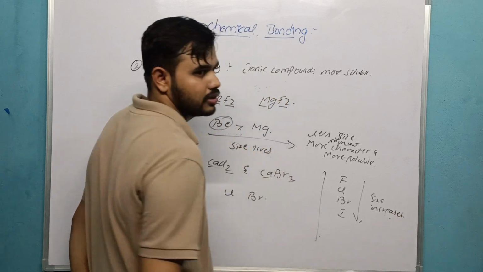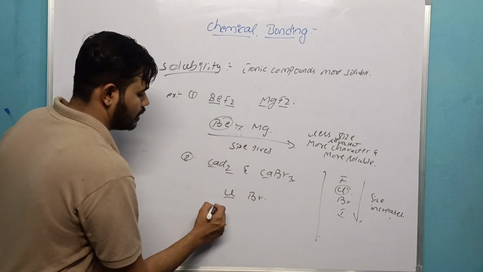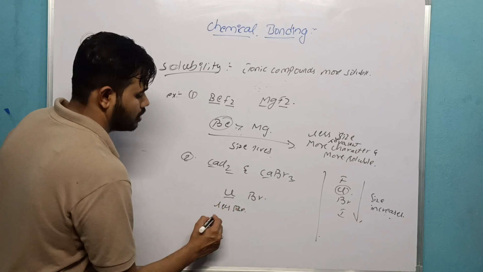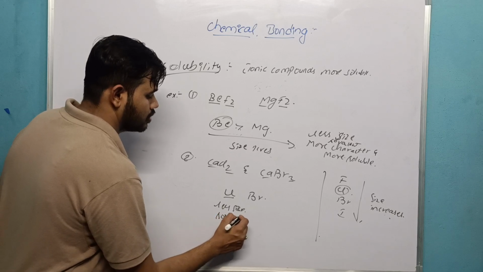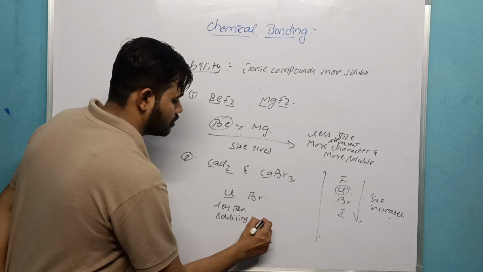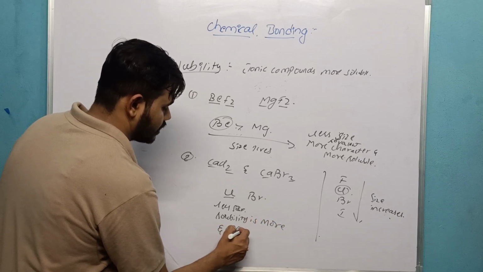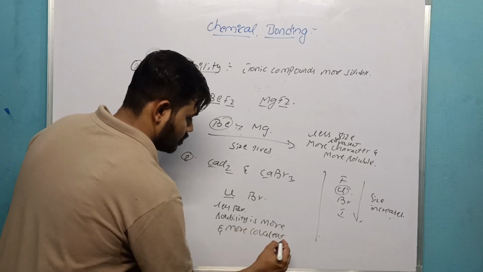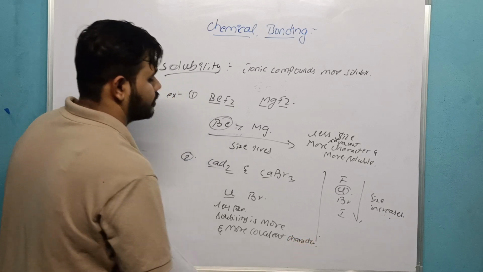As we move down the group, size increases. So chlorine will have less size. Less size means more solubility. Solubility is more and covalent character is more.